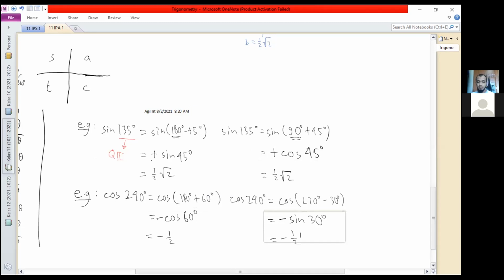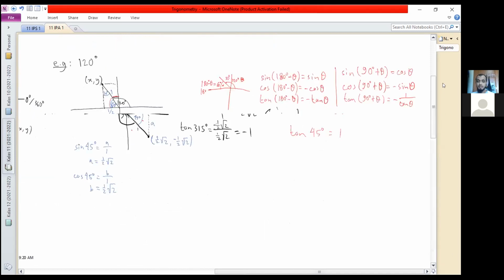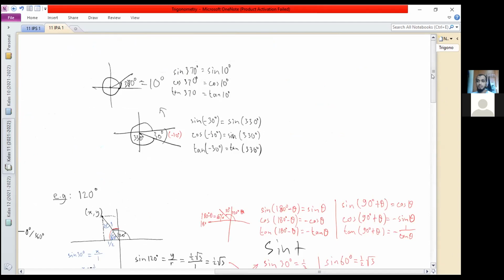And did I mention this before that you can also go beyond 360 degrees? Yeah, I mentioned it before. If you go beyond 360 degrees, then you can just subtract by 360.